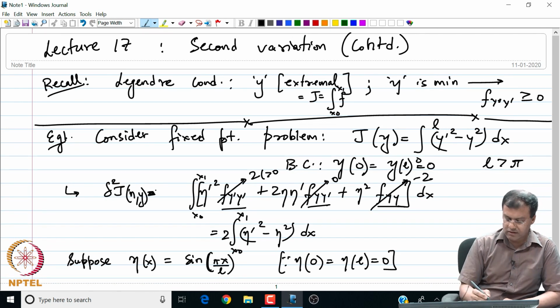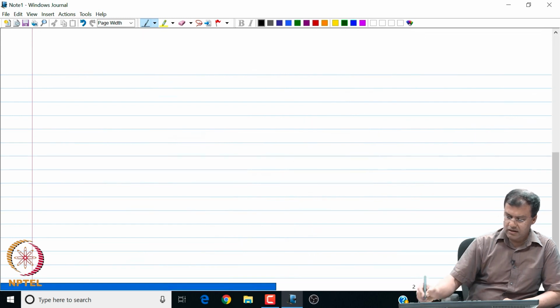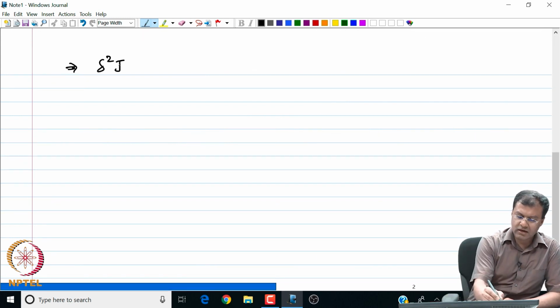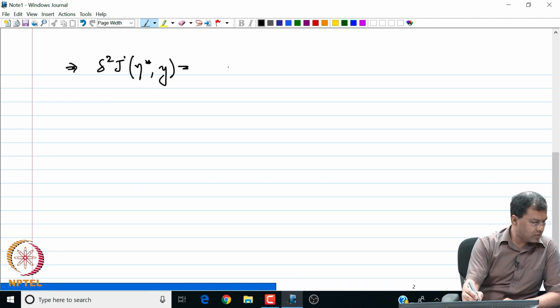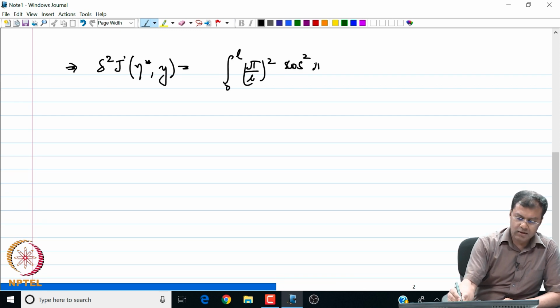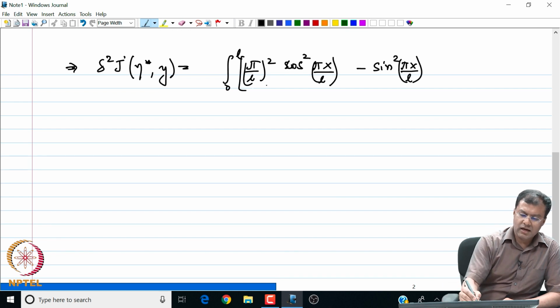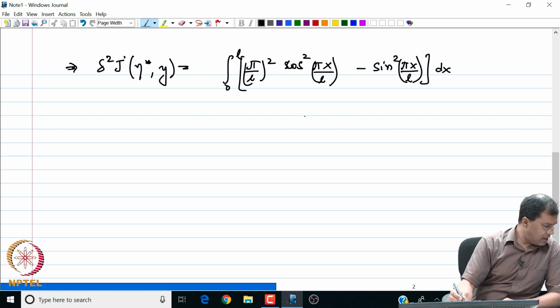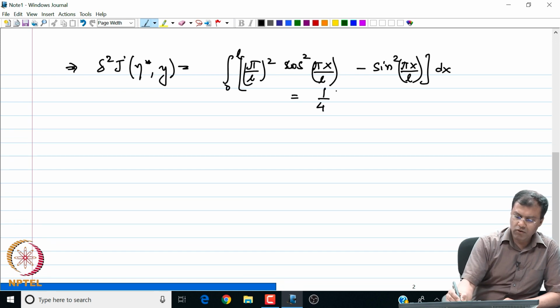So this means that for this particular eta star, the second variation of J at eta star comma y turns out to be, I will just plug in the values, integral 0 to L of pi by L whole square cos square pi x by L minus sin square pi x by L. I see that once I integrate, this turns out to be 1 by 4 pi square minus L square.